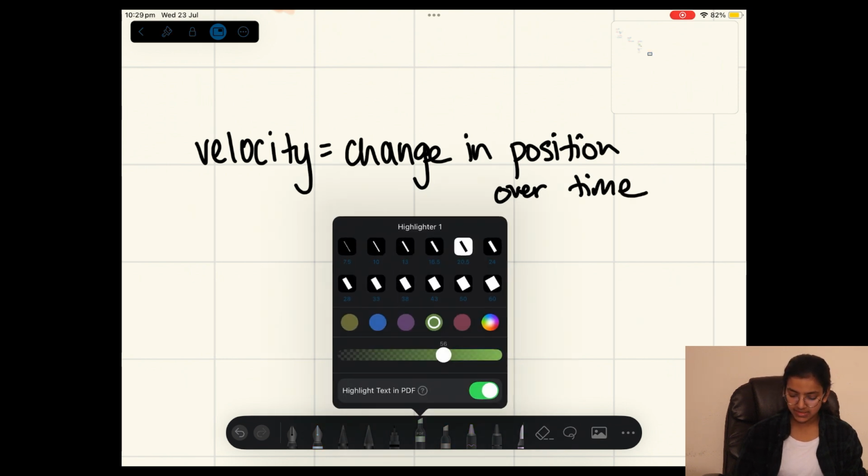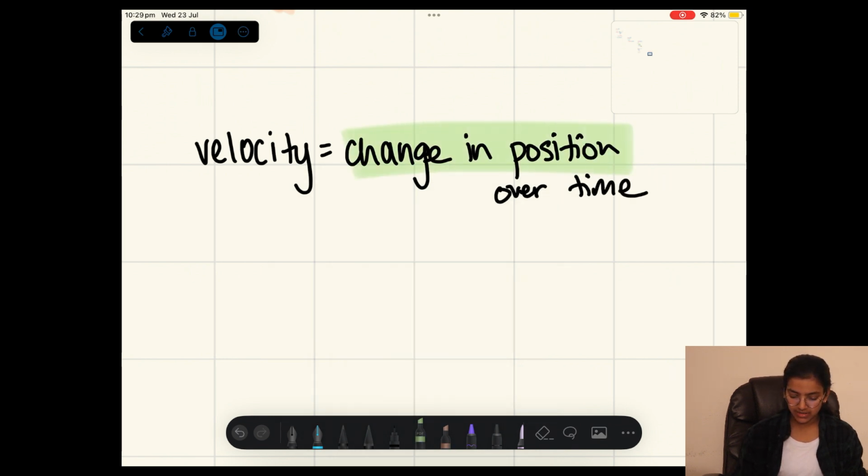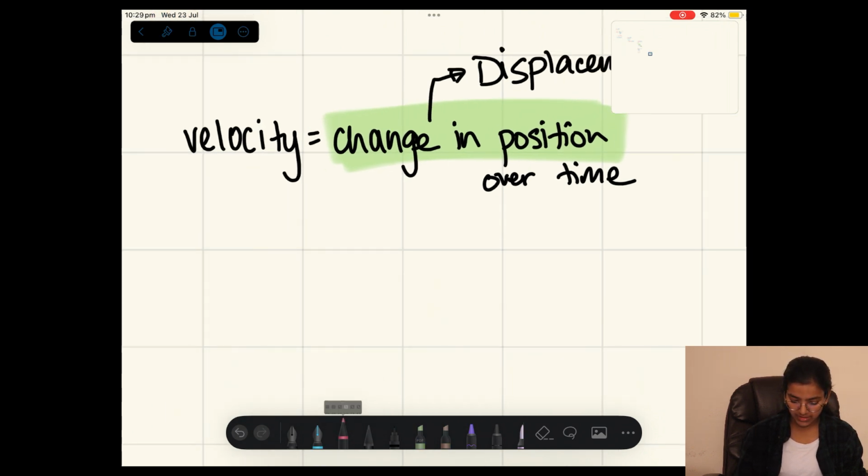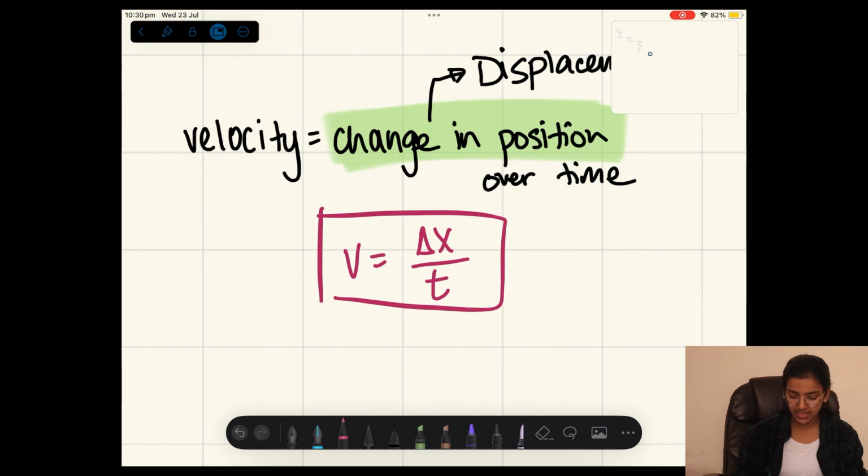And this statement right here, the change in position, should ring a bell because that's from our last video where we talked about how the change in position is nothing but our displacement, right? Therefore, to calculate velocity, velocity is equal to change in position divided by time, okay?